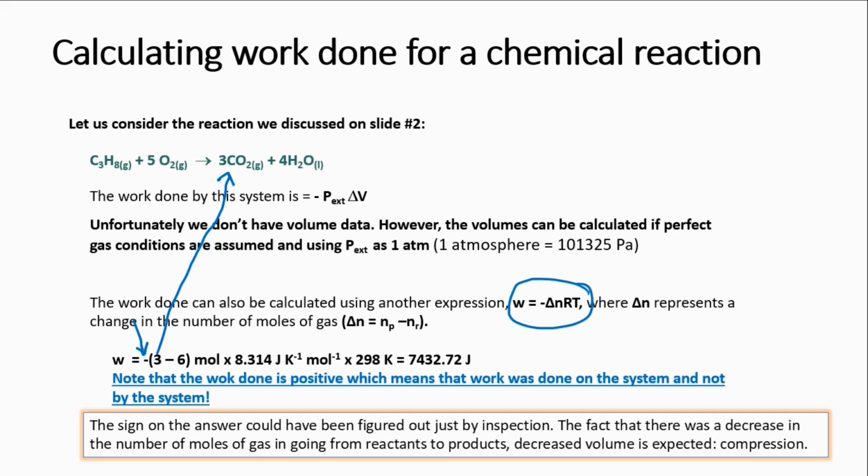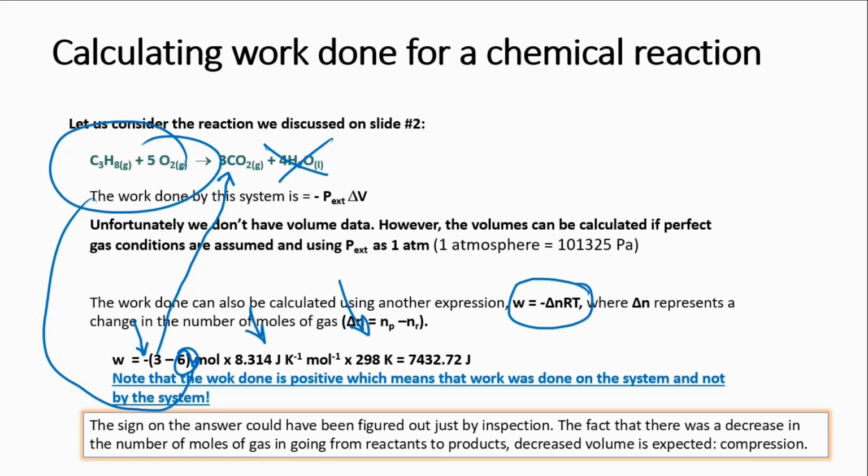The water is not considered because it's a liquid. Minus 6 moles of gaseous reactant. Times R, times T, 25 degrees Celsius. Here is the energy, and the work is positive.